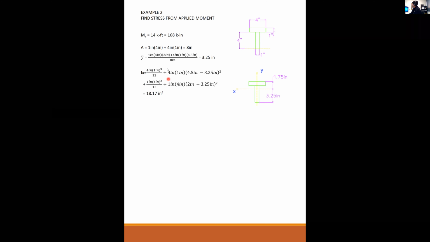Okay, so when I add all 4 terms, I get 18.17 inches to the 4th as the moment of inertia for this particular piece. And as a side note, the area of this T section is exactly the same as the area of the 2x4 that we looked at last time, but the moment of inertia of the 2x4 was only 10.67.